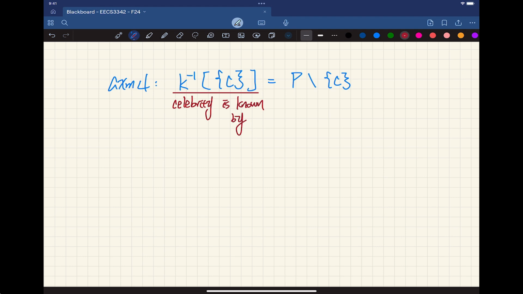That's how you interpret it, right? That's the inverse relation, and we talk about the celebrity only. This means everybody except himself, every person except the celebrity themselves.